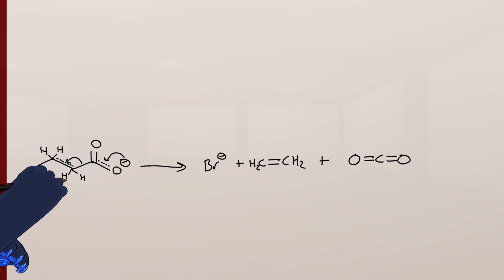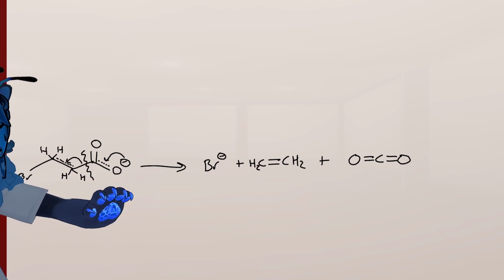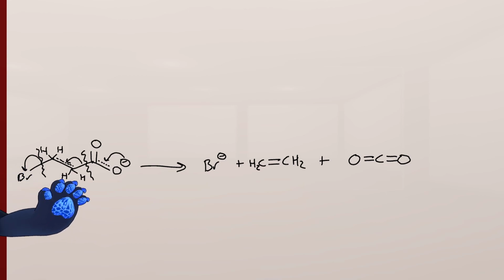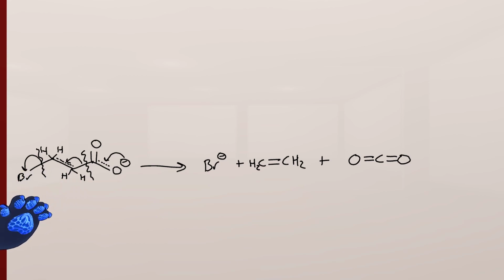This is becoming its own separate thing, and this is becoming its own separate thing. So when this bond makes, a bond has to break somewhere. We know which bond to break because we know that we have a bromide ion. So the single bond between carbon and bromine, the electrons in this bond are going to go back to bromine. When we break it, we see that we have separated this into our 3 products: our bromide, our ethene, and our carbon dioxide. So these electrons are good.